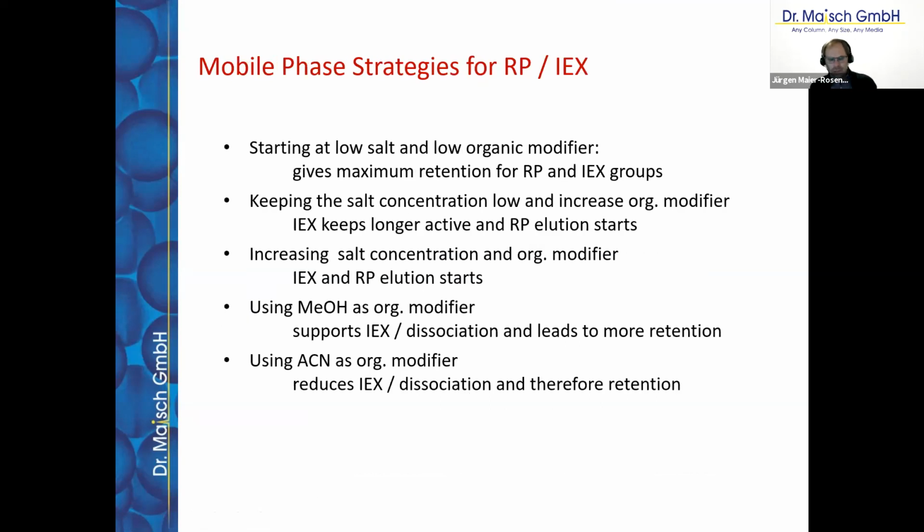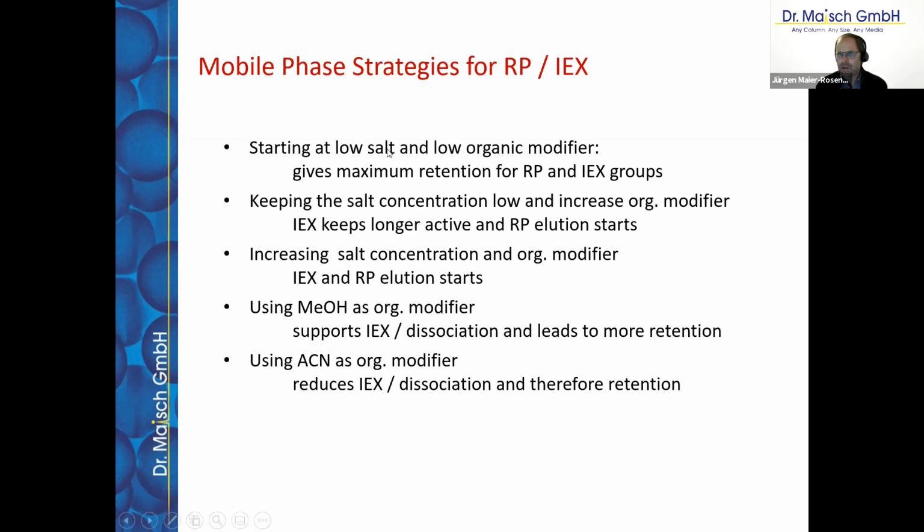Good. Let's look at the strategies for how you can use your mobile phase to support your selectivity, if we have a reverse phase interaction combined with an IX group. The first possibility is always to start with a low salt concentration and low organic concentration.